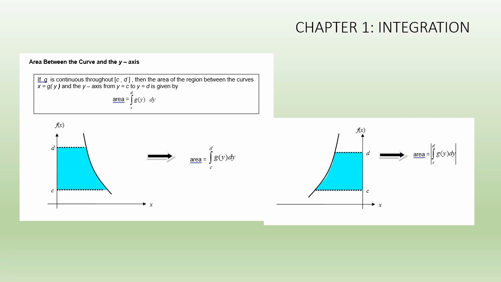As the curve lies to the right of the y-axis, the area is positive, so the formula is just the integration from c to d of g(y) with respect to dy.